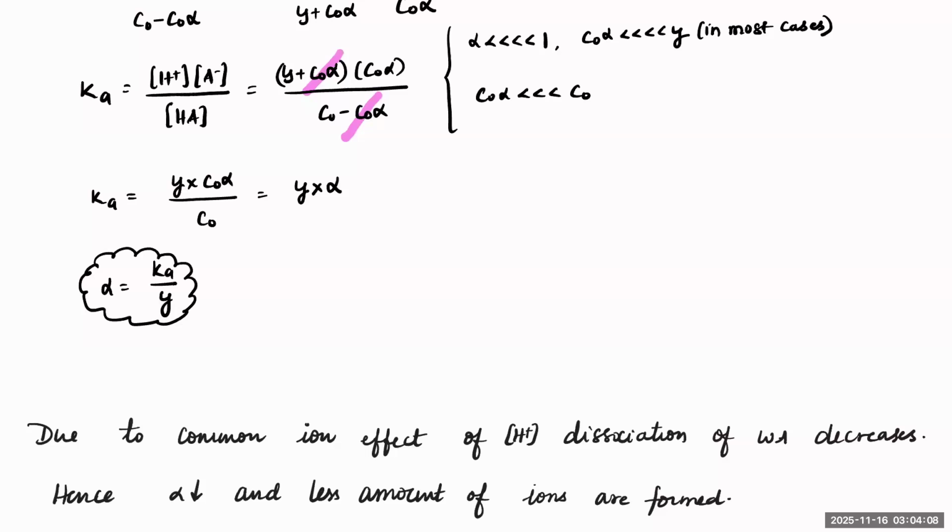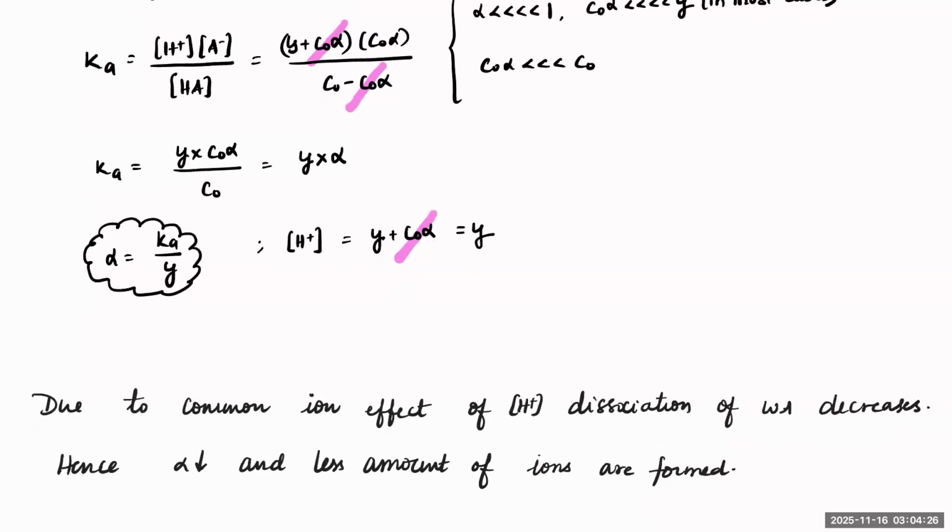Okay. And how much will be the H plus concentration? H plus concentration here will be equal to Y plus C naught alpha. But we already learned that the C naught alpha can be ignored. So whatever be the HCl concentration that you have added, it will be the same as the H plus concentration in the solution.